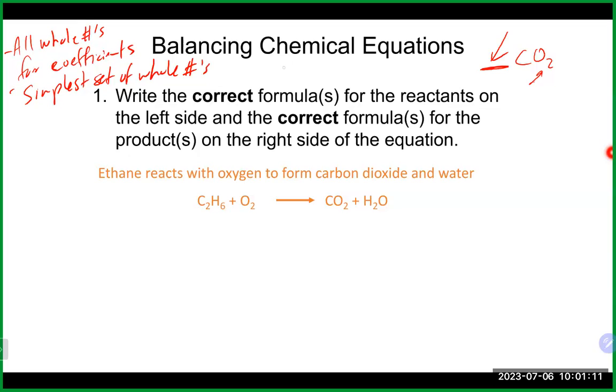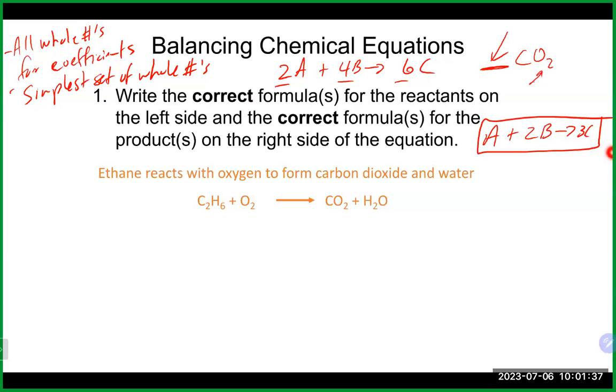So what that means is if you balance the equation by putting a 2 and like a 4, and maybe you had a 6, in this particular case, although it may be balanced, you can go through and reduce down all those coefficients by 2. That is what you would want to do, which would give you A plus 2B gives you 3C, and that would be the properly balanced equation.